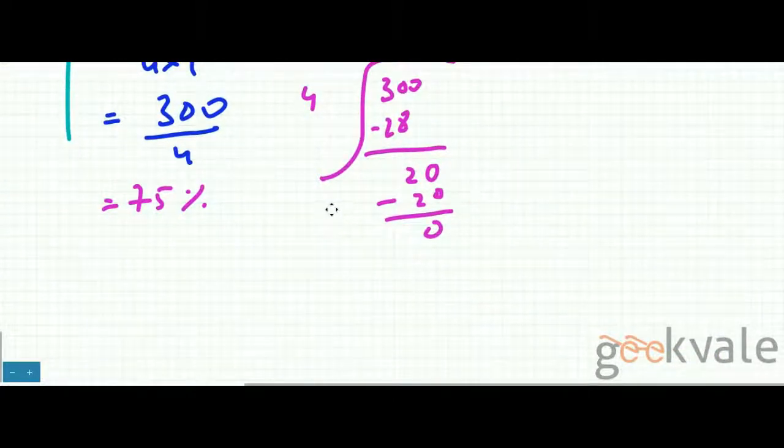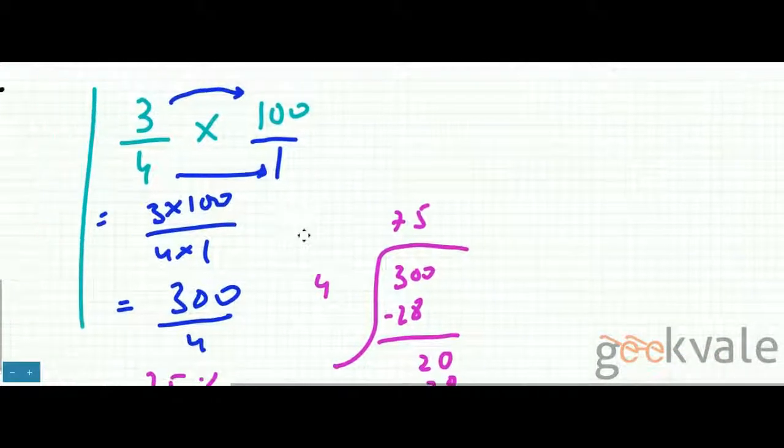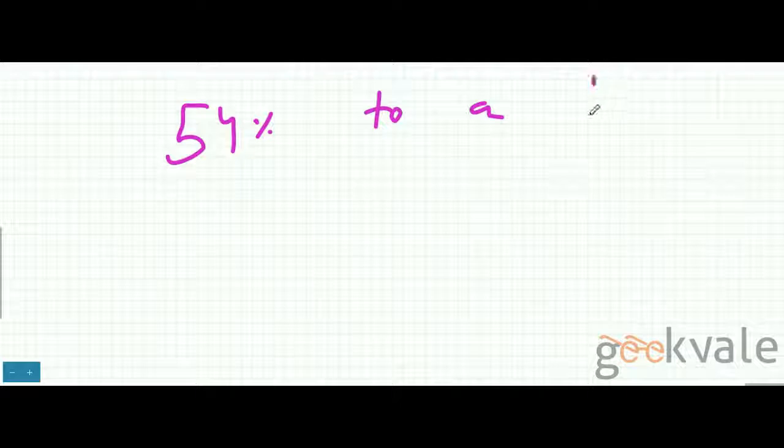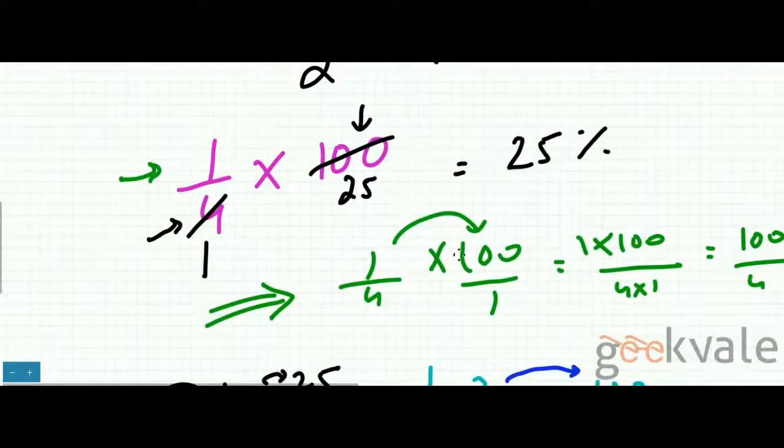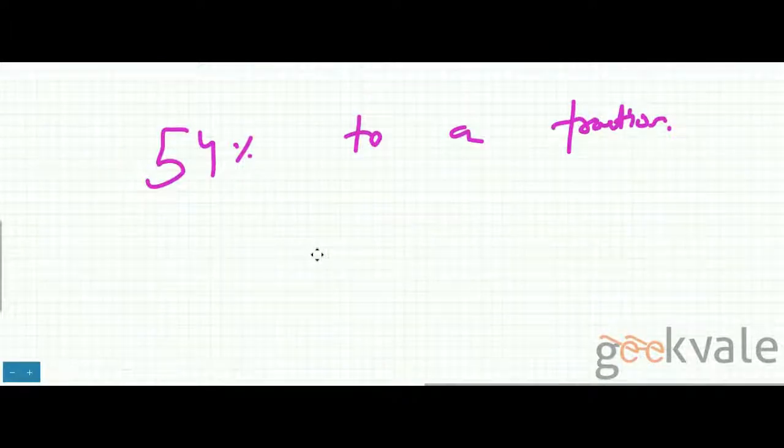Now, this was all about converting fractions to percentages. Now if I've been given a situation where I have to convert a percentage, let's say 54%, to a fraction, how to do that? If you remember, to convert a fraction to a percentage, all we did was multiply that with 100. Now we've been given the opposite scenario, we have to convert the percentage back to a fraction.